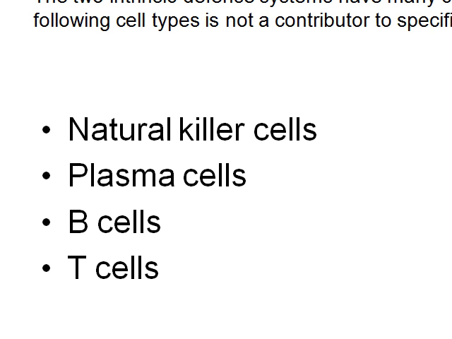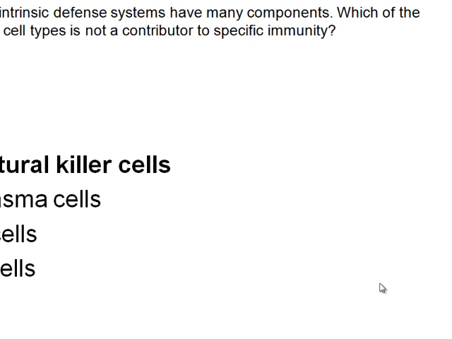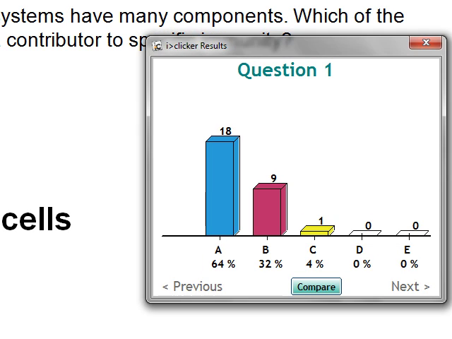And that's A, B, C, and D. Five, 4, 3, 2. There's only 27 people in class today? 28? 29 maybe? No? We done? What's the answer? It's a natural killer cell. All the other cells we just talked about, plasma cells, B cells, T cells, all specific.